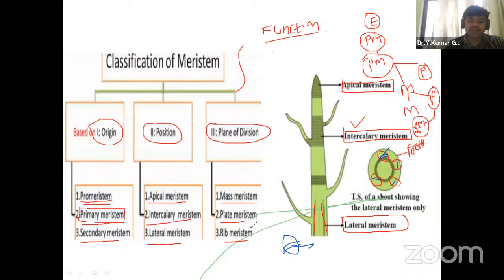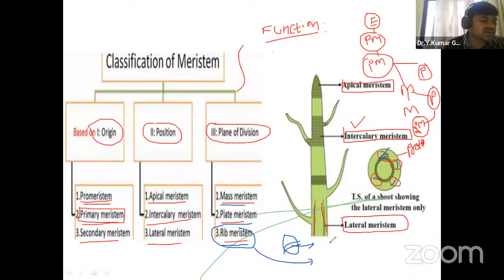In plane of division, first let me complete rib division, plate division, and mass division. First, rib meristem. So how does rib division occur?